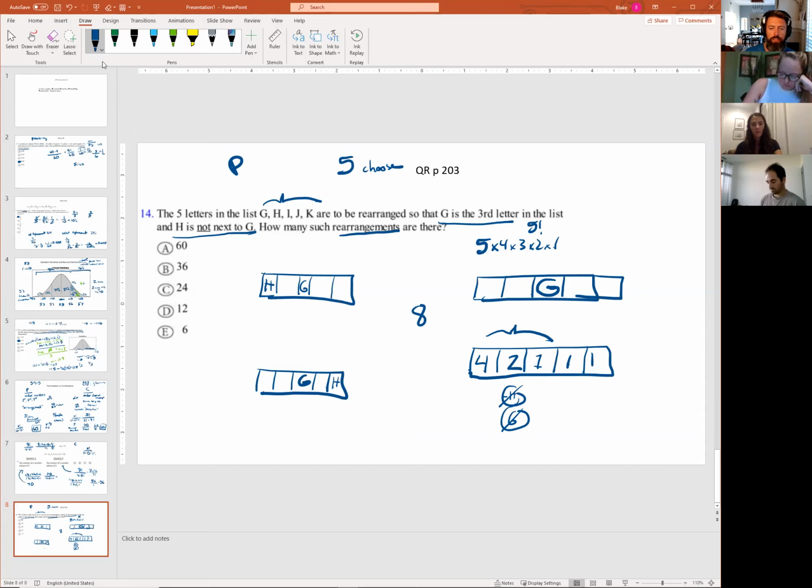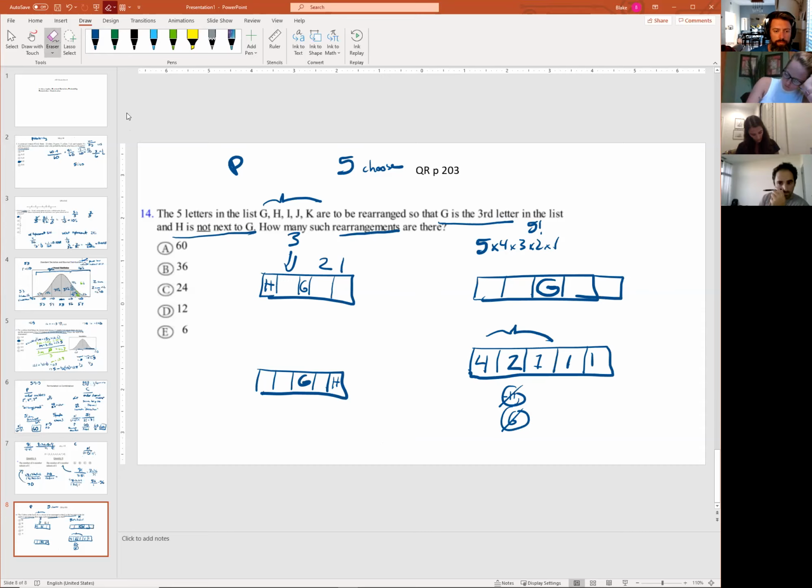So you guys are cool with this part so far? So we have G has to be in the third spot and H can't be next to G, so it can either be in the first spot or the fifth spot. So how many possible letters can we put here? 3, yeah.